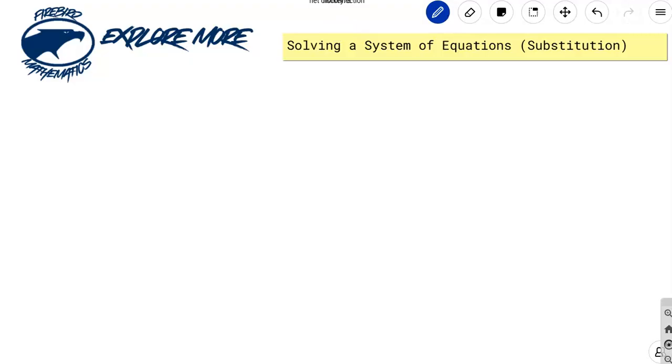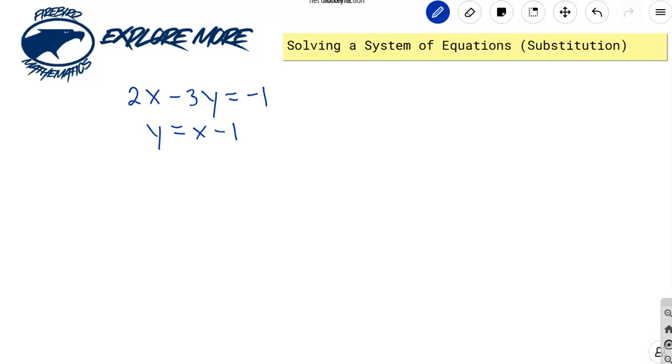Okay, so in your Algebra 1 class, if your teacher gave you a system of equations like this, 2x minus 3y equals -1, and y equals x minus 1, there are lots of different ways that we could solve this system.